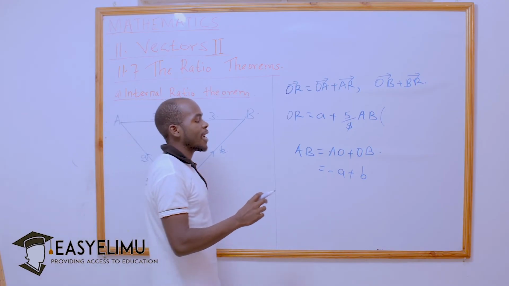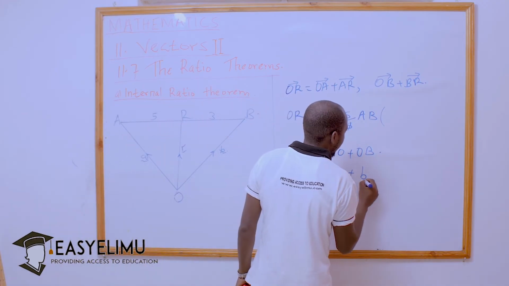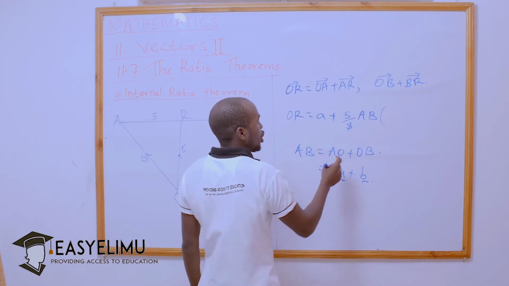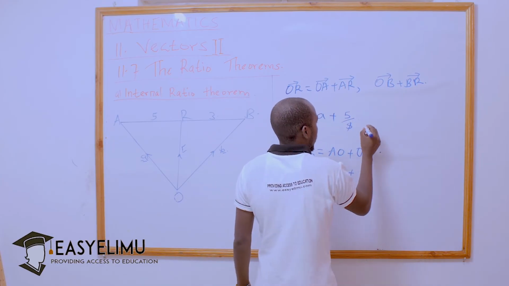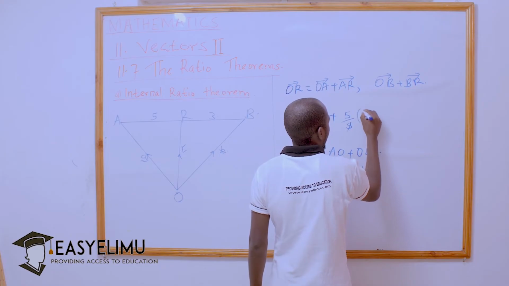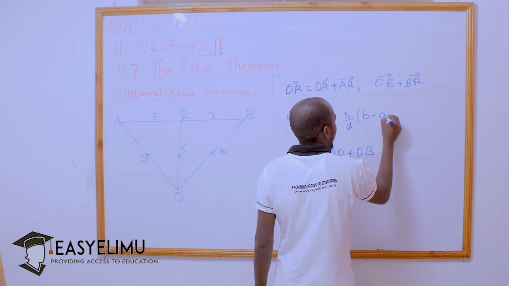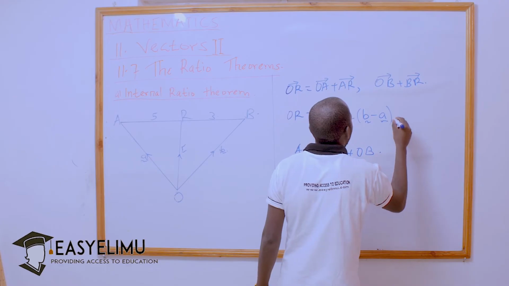That's why we have a negative and a positive. So in place of AB, we shall replace it with B minus A, that is negative A plus B.